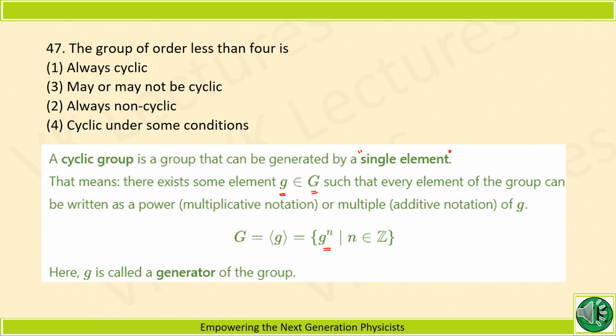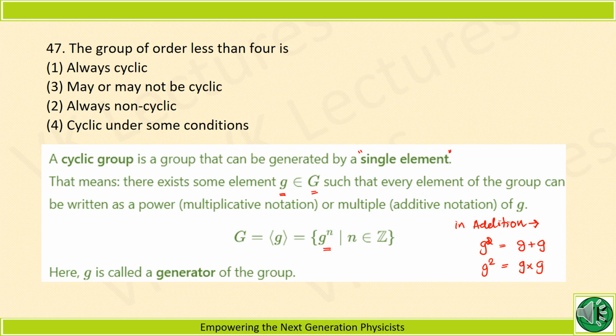Now for example, in addition, that means if the operation belonging to the group is addition, g to the power 2 means g plus g. If it is multiplicative, g to the power 2 means g into g.